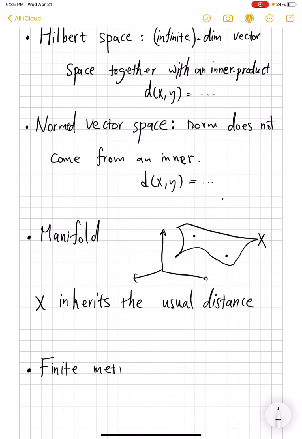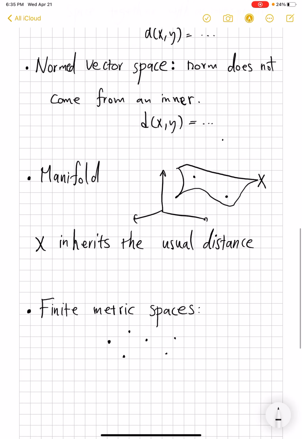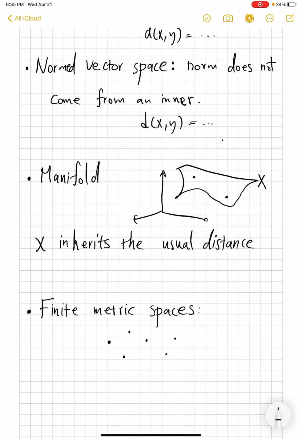But actually, to get rid of every possible other structure, we need only to look at finite metric spaces. These are metric spaces with finite cardinality. A bunch of points with some distances defined between them in an abstract way, so they don't even have to be regarded as sitting inside Rn. Interestingly, there are some finite metric spaces that you cannot embed inside Euclidean spaces.